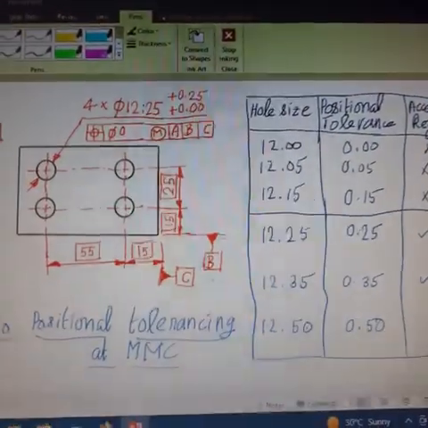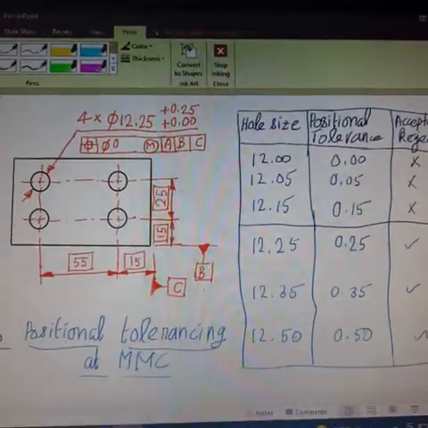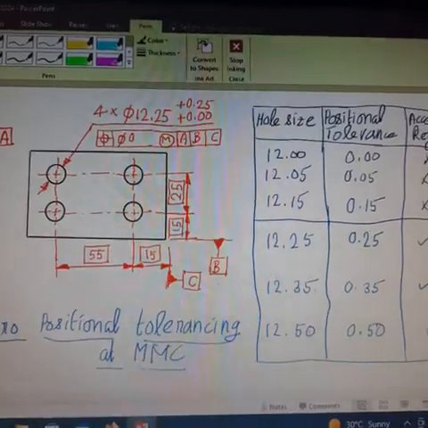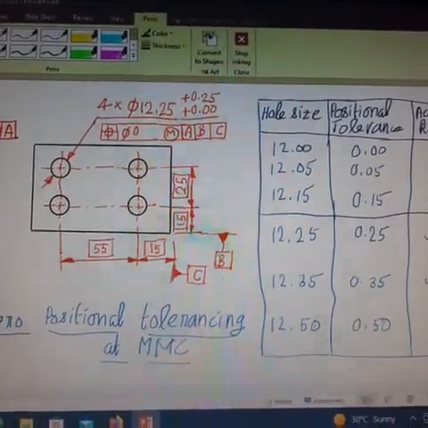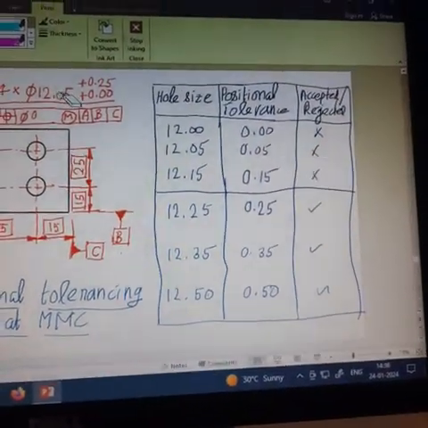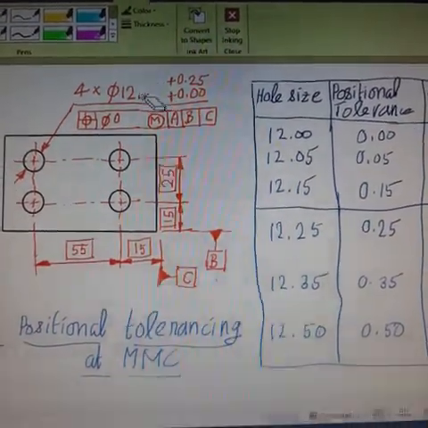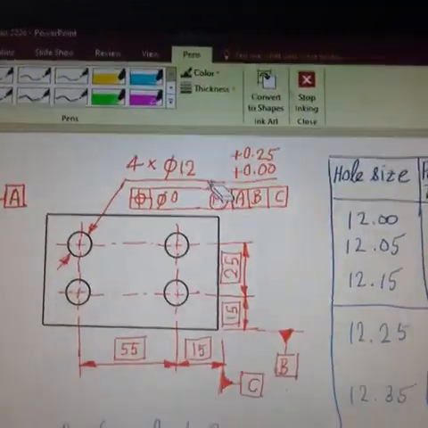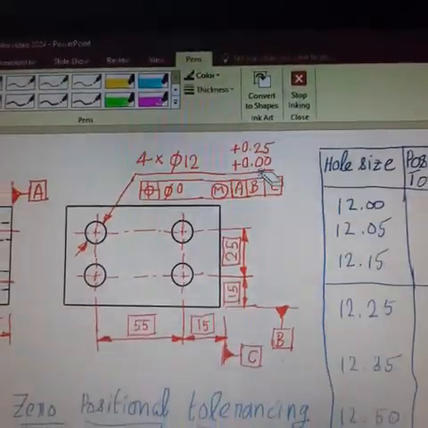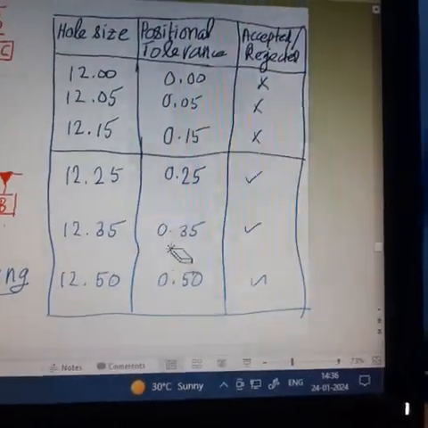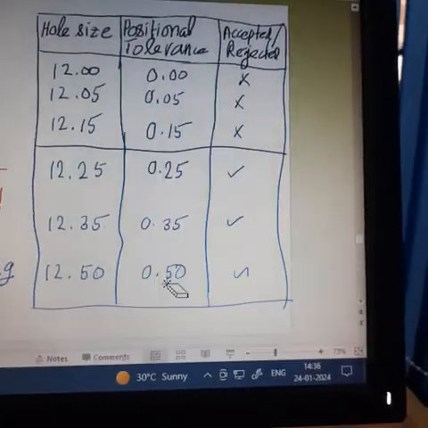So that 12 mm we have to retain here. The 12 is retained. We are not going to change the upper limit. What is the upper limit? 12.5 is the upper limit.